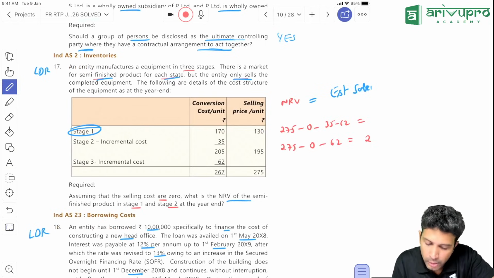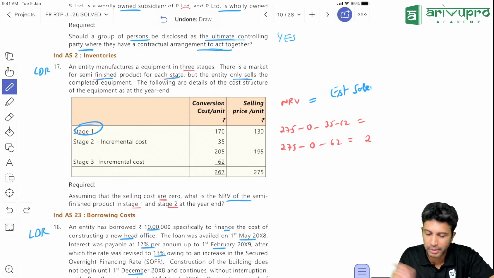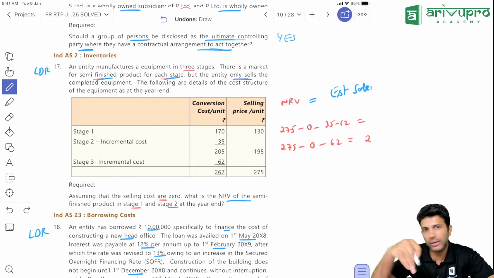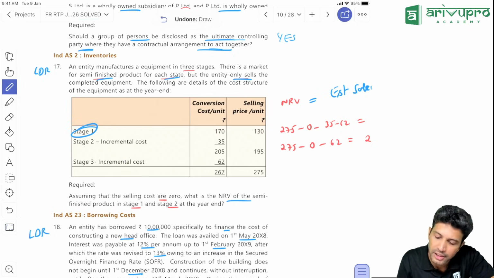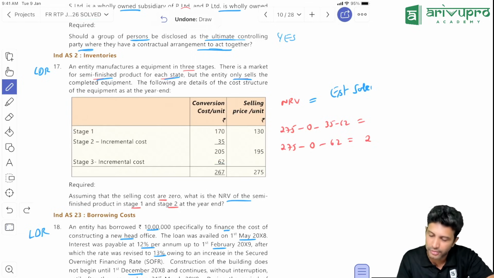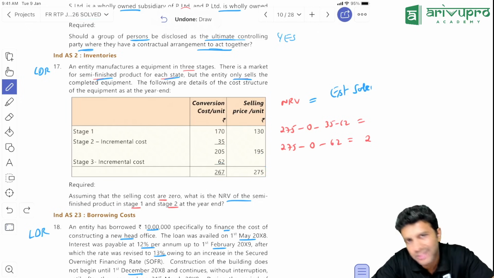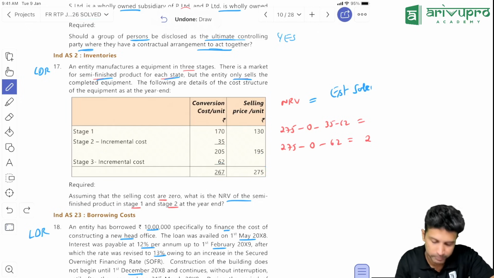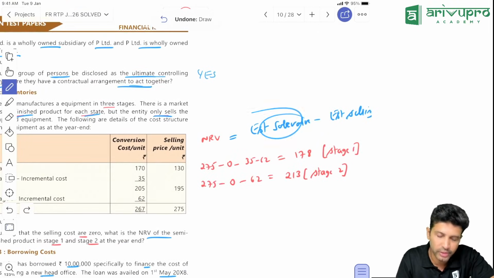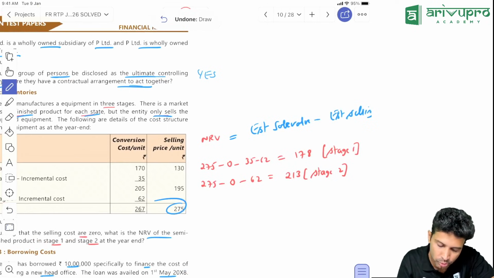When it is work in progress, in stage 1, the selling price of this work in progress is 130, because only after stage 3 is completed will it become a finished product. At stage 1, the market price is 130. We don't need that. At stage 2, it is 195. After stage 3, it is 275. 275 is the final selling price of the finished product. So estimated sale value here refers to the sale value of the finished product, which is 275.